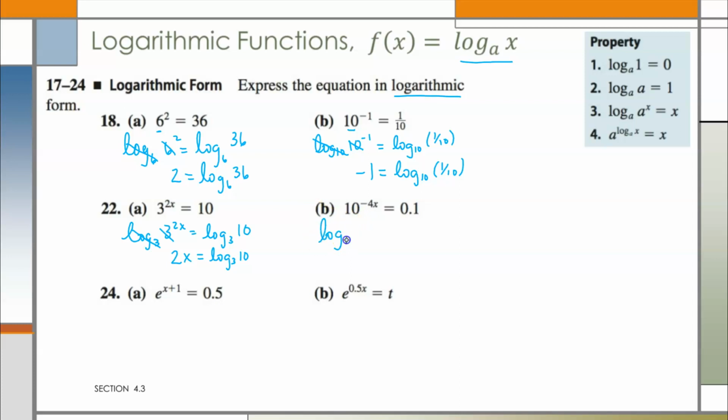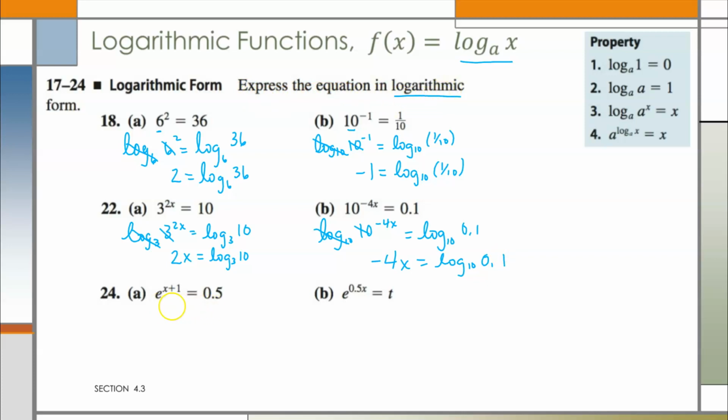So we're going to log base 10 on both sides. We chose base 10, so those cancel out. Negative 4x equals log base 10 of 0.1. That's all they want, just the logarithmic form.